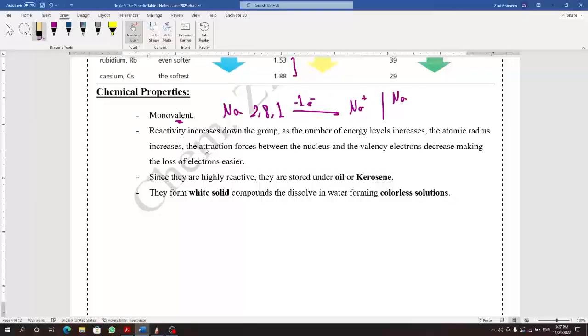So don't confuse monoatomic and monovalent. Right? An atom can be diatomic but also monovalent. The monovalent thing talks about the valency, the amount of electrons used in sharing.